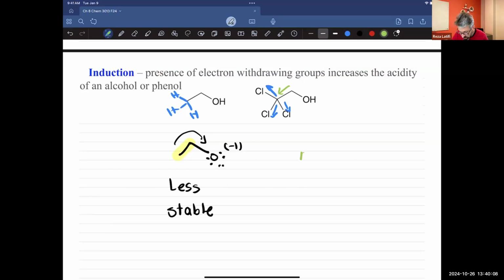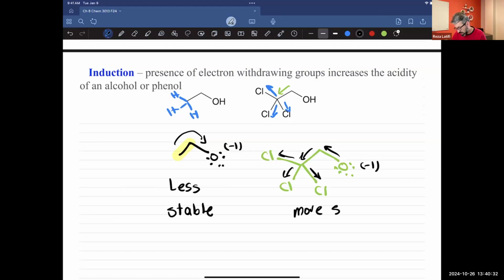When we get the conjugate base, because we have 3 chlorines, those chlorines are going to help us pull the electron density in this direction and give it to the chlorines. That's going to make the system more stable. So I'm going to say this one is a stronger acid than ethanol.